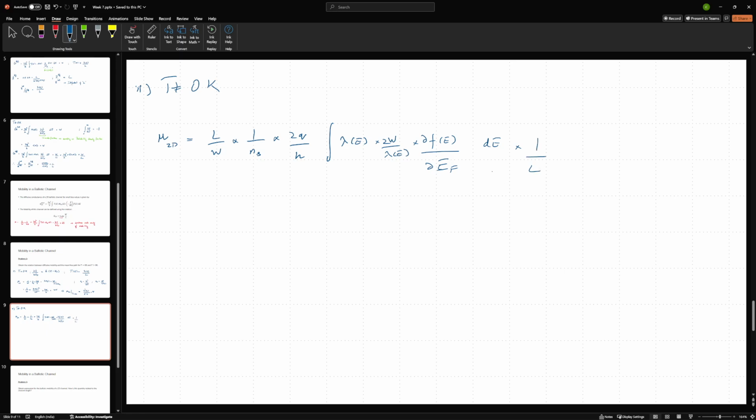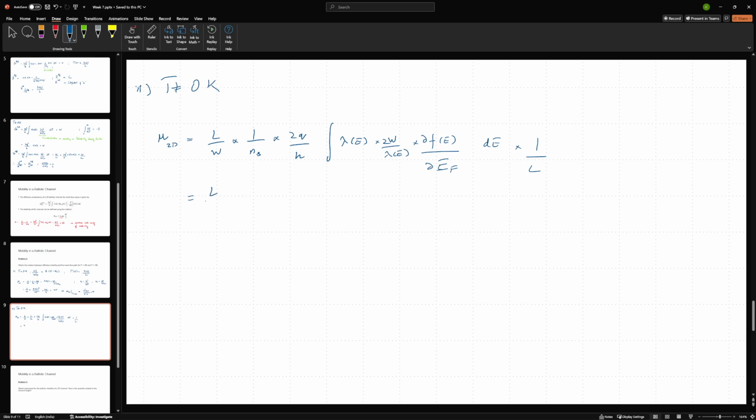And now you'll find that the result here is actually stranger still. So now the lambda E and lambda E here will cancel out, and I'm just going to be having a constant here and this window function which I'm integrating. So I'll just get 2W by L. I'm going to get a factor of 2 out of this. That is all.